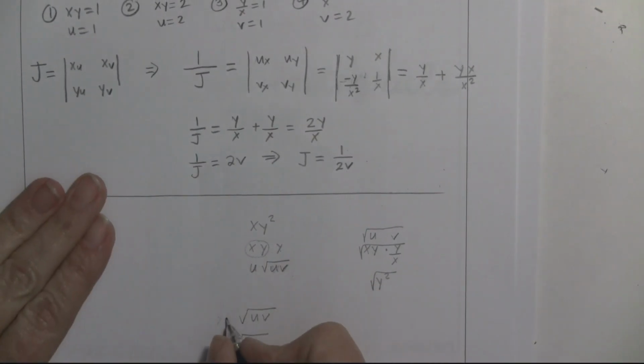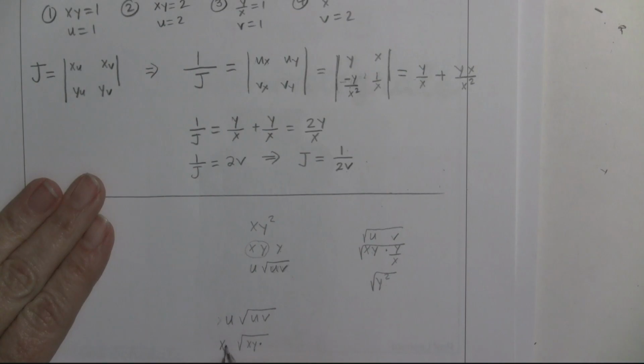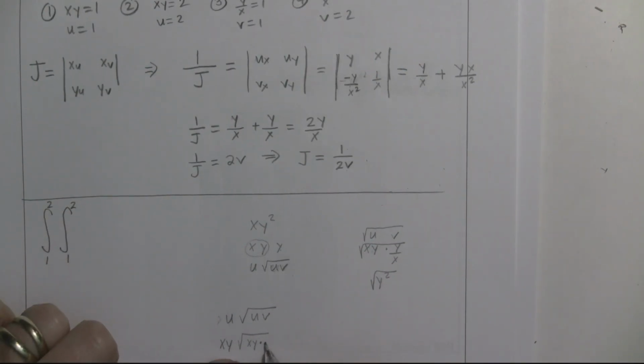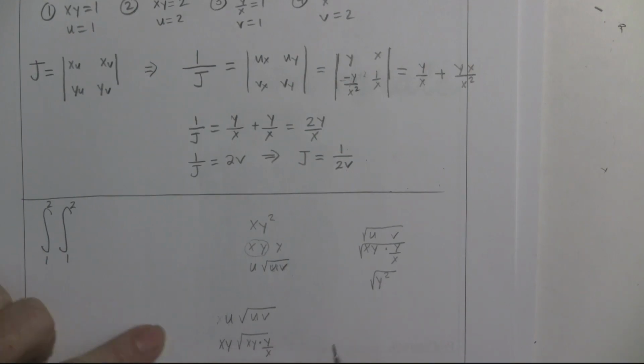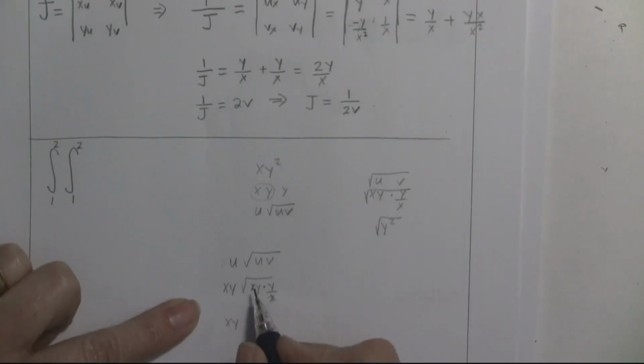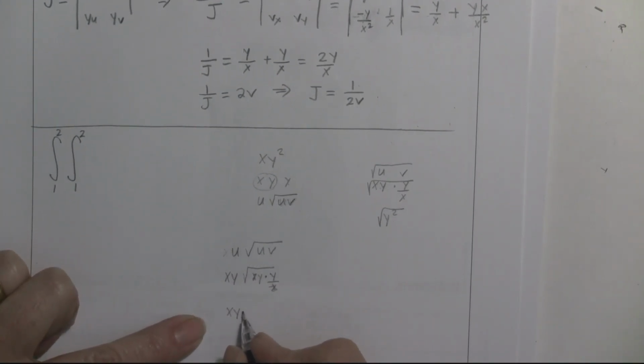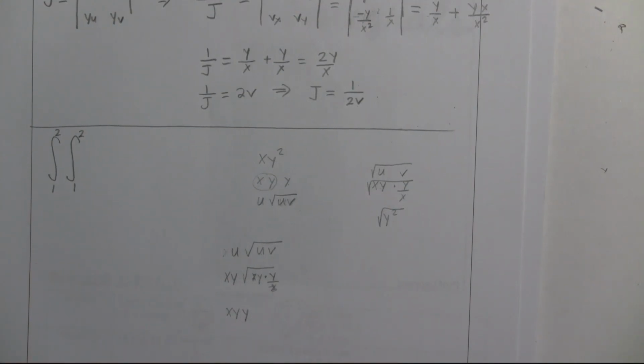I'm testing this: U is XY, and then V is Y over X. And the X's cancel, and that gives me XY, and then it gives me the square root of X squared, which is square root of Y squared, which is Y. So XY and Y, which is very good.